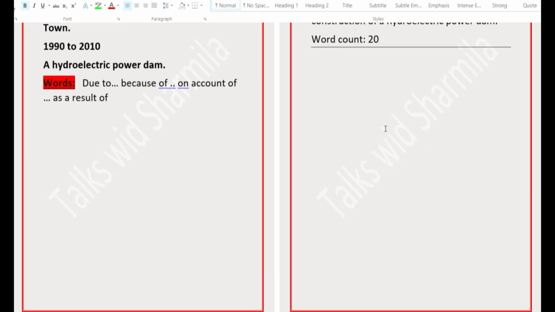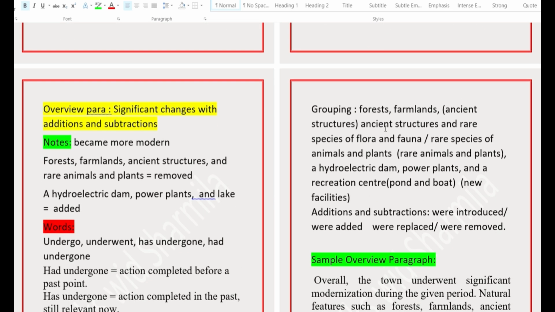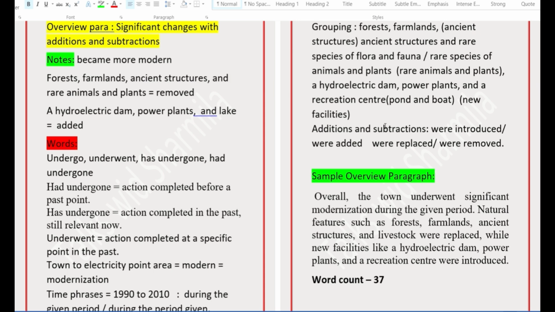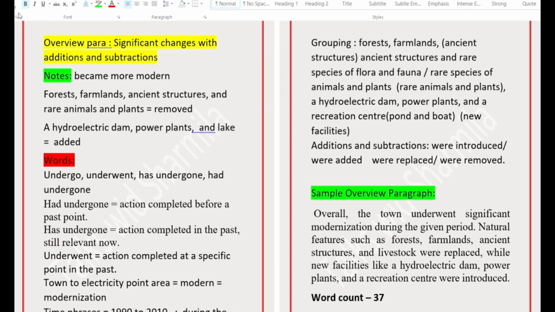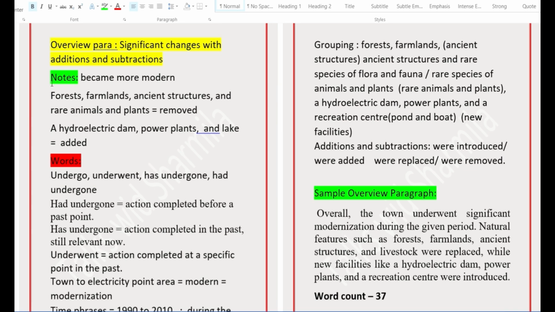Now let's move on to see the overview paragraph. Don't get scared. These are the notes, these are the vocabulary. So first thing, overview paragraph. It should speak about the significant changes with the additions and subtractions. What are the notes for that?